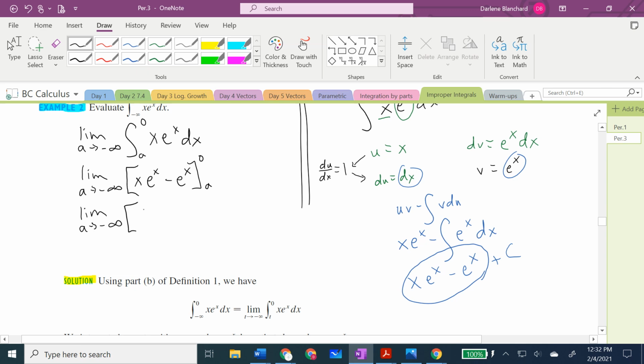When I plug in 0, I get 0 minus e to the 0, which is 1. And then minus, I plug in a. There are way too many negatives involved there.